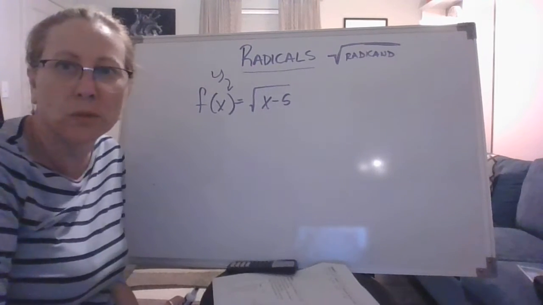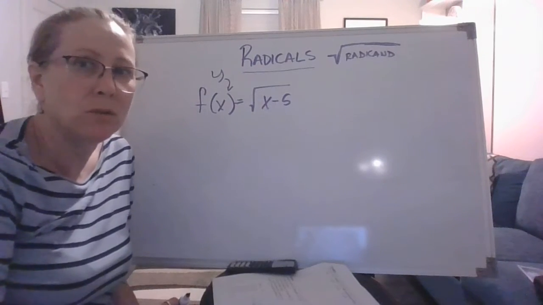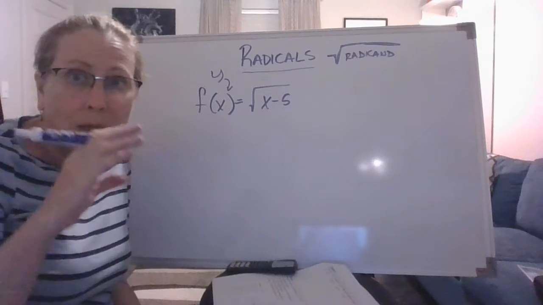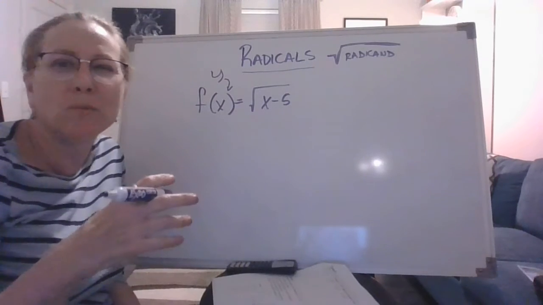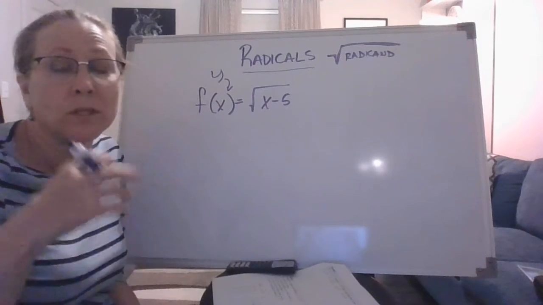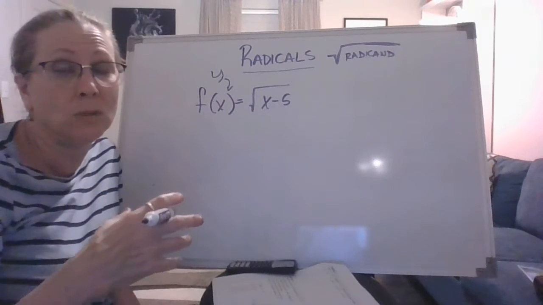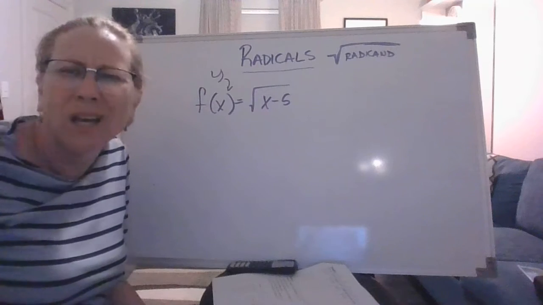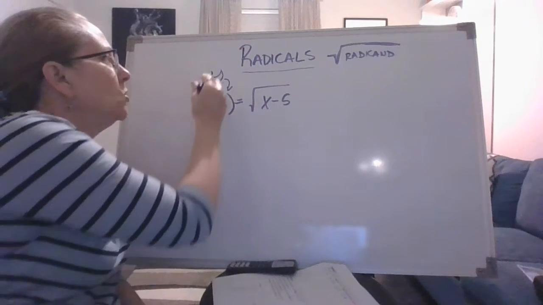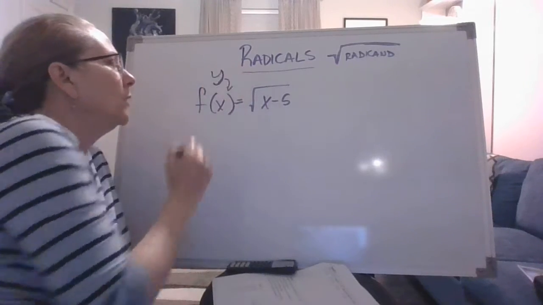Functions have a lot of rules to them, and I just want to introduce the notation because as you move into your next classes, geometry doesn't use a lot of function notation, but as you move into more and more standardized tests, you will see it. And the last thing I want you to do is go, what? What is that? Well, this is just the y value.